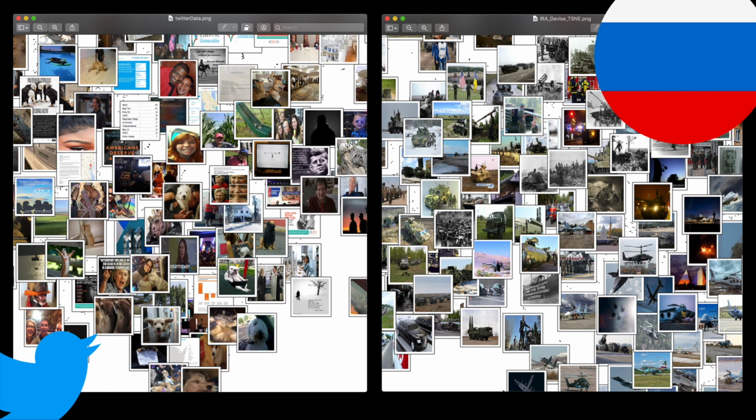Here we can see some pretty distinct differences in the kinds of imagery. On the left, we see a subset of images shared by your average Twitter user. A lot of it, in this particular case, is faces and pictures of animals, as you might expect. But on the right, we see a clear focus on militaristic imagery.